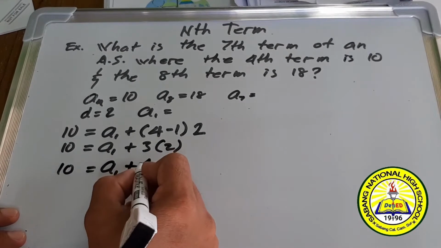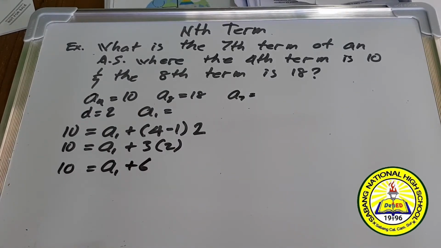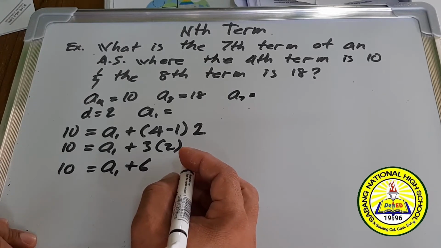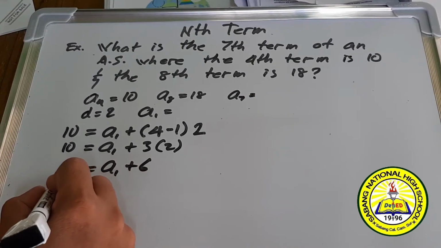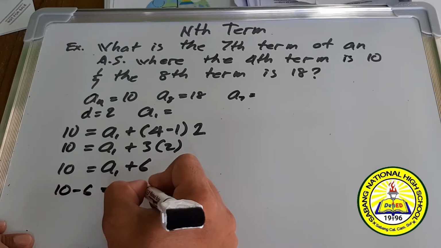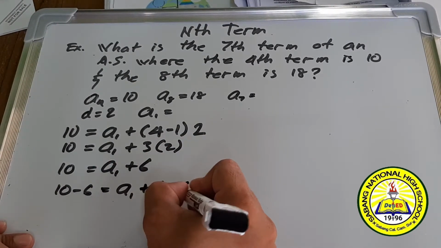To find a sub 1, the main reason is to add the inverse of 6. So we are going to subtract 6. 10 minus 6 is equal to a sub 1 plus 6 minus 6.